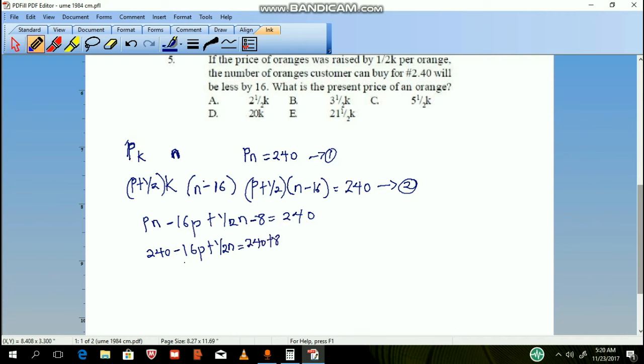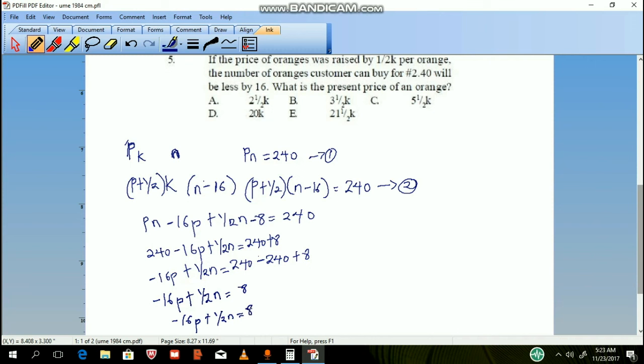If you take this over to the other side, we will have 240 minus 240, plus negative 16P plus 1/2 n equal to 8. Here we'll now have negative 16P plus 1/2 n equal to 8, because 240 minus 240 would be 0.